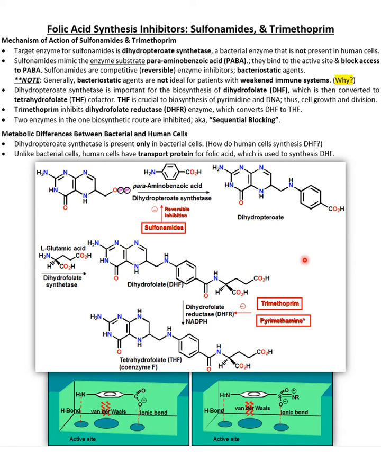Now I also want to add something important, which is that this process also explains why folic acid is important in pregnancy or even before pregnancy, as well as in people who might have anemia.